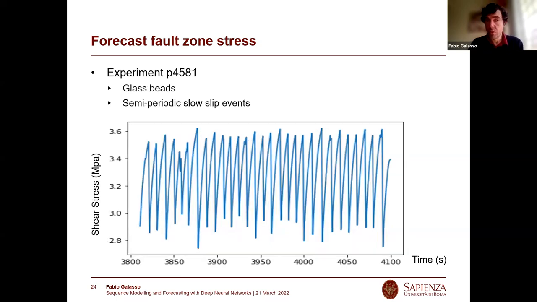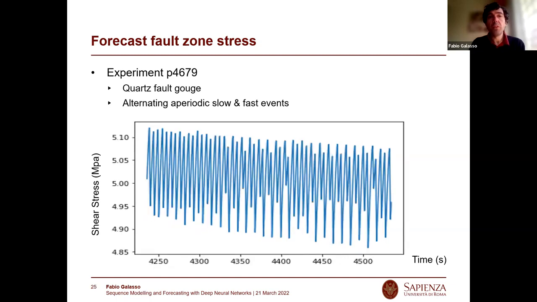Then there is one other experiment that we have considered, and this is one with glass beads. And here we've got a semi-periodic slow slip event. And then finally, there is another experiment with quartz. And here we are alternating the slow and fast events.